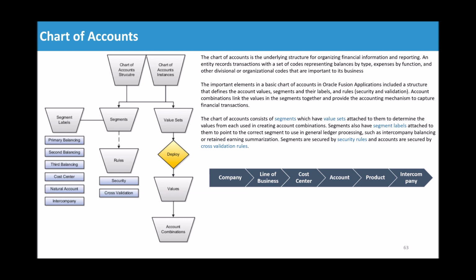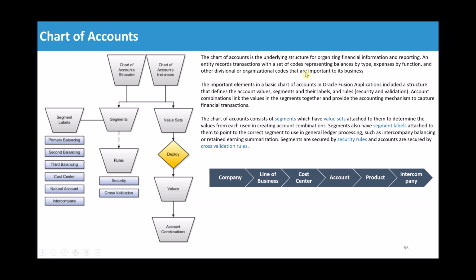Now the inventory account will be a single natural account, but there might be some other elements you want to consider in your financial transaction, like the country from where the product is being shipped, the business unit from where the product is being shipped, then if there is any product line, then the product line from where the product is being shipped. If you are using project accounting, then you might have a project number. So there are various sub elements that you want to consider while generating your journals, and those sub elements are part of your chart of accounts.